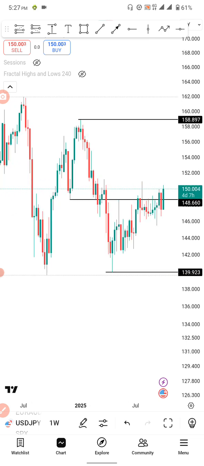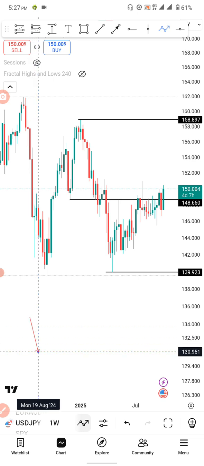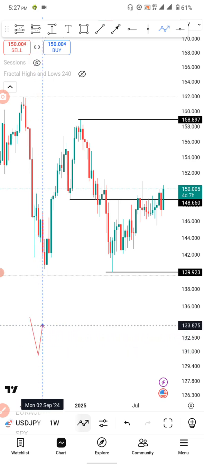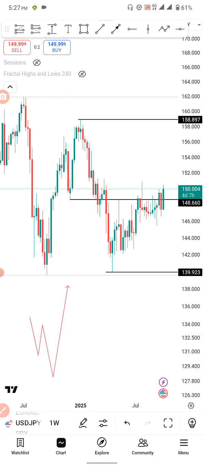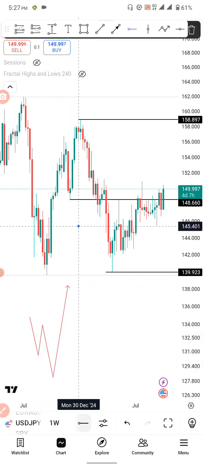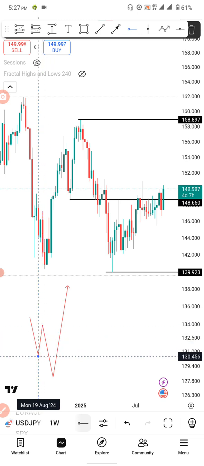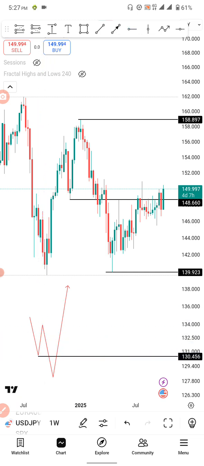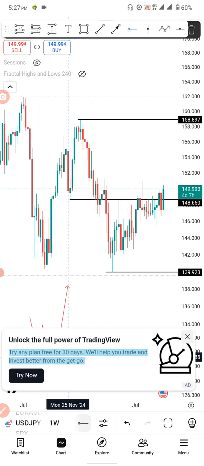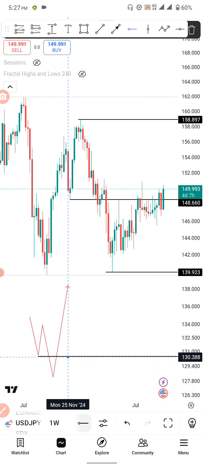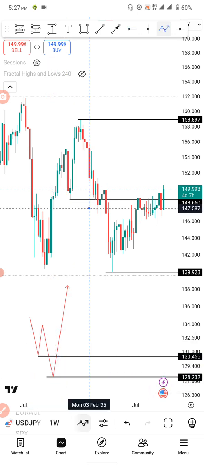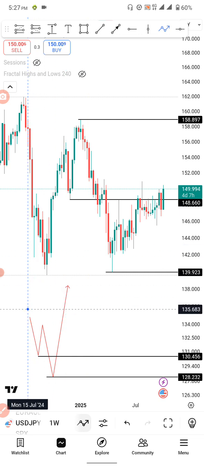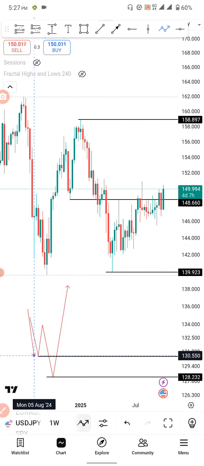The area of liquidity that I'm trying to mean, let me show it to you here. This is the area of liquidity we must look for. I think you are familiar with this if you have watched some of my previous videos. This is the low that they made.